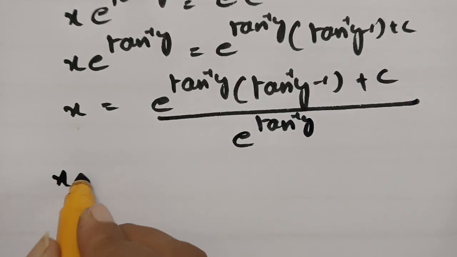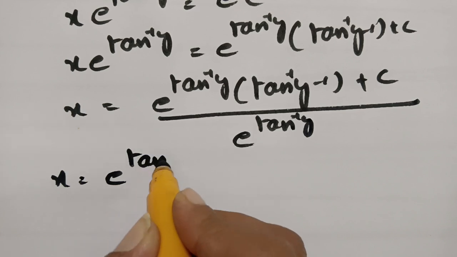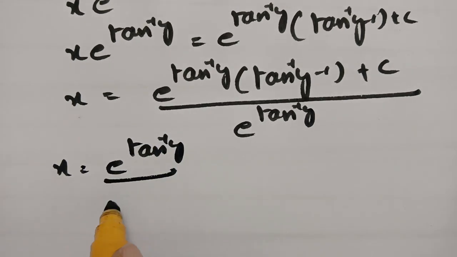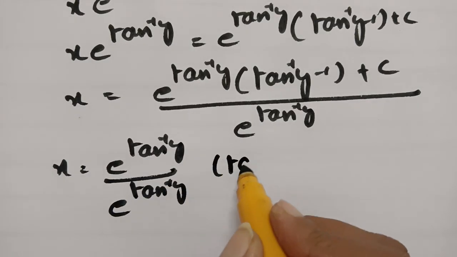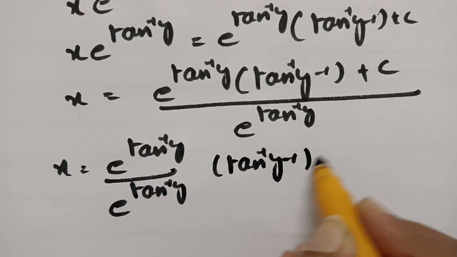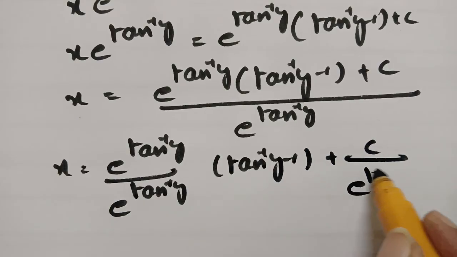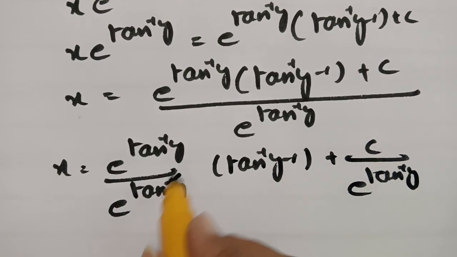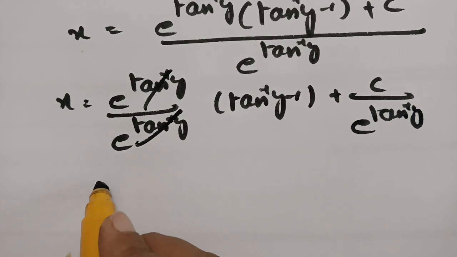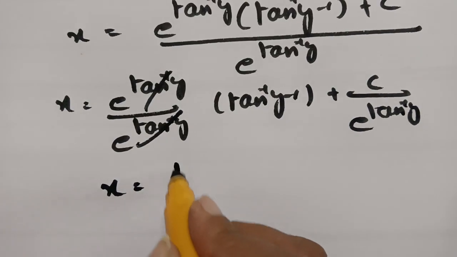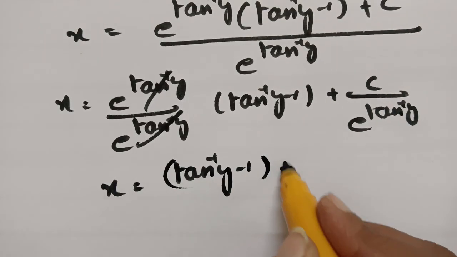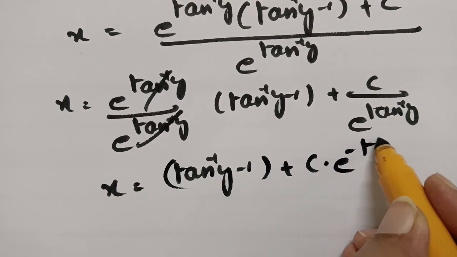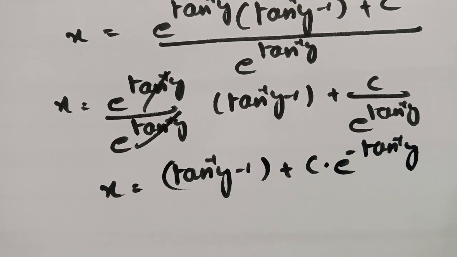So here x value is equal to e power tan inverse of y into tan inverse of y minus 1 plus c, divided by e power tan inverse of y. So if I cancel these two, x value is going to become tan inverse of y minus 1 plus c into e power minus tan inverse of y.